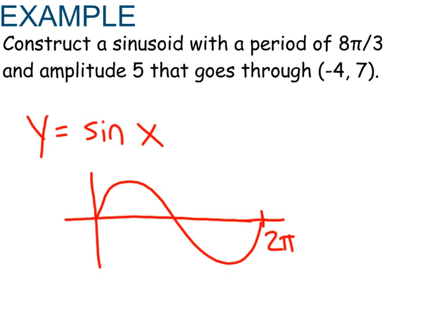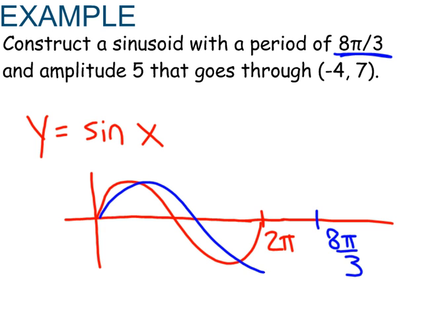So let's think of the period that we want it to have, 8 pi over 3. If you deal with the fraction, you'll realize that 8 pi over 3 is greater than 2 pi, not by much, but a little bit. So I'm going to put 8 pi over 3 right here. We want a sinusoid that has been horizontally stretched, so it should look a little bit more like that.